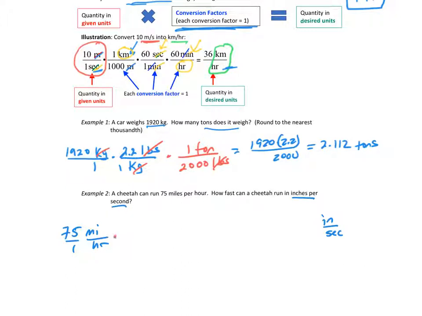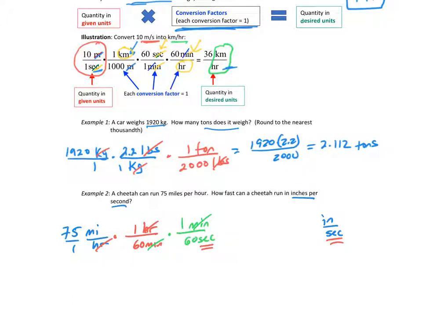So I've got 75 miles per hour. I know that in 1 hour, there are 60 minutes. That allows me to cancel out the hours. Continuing on, I can get from minutes to seconds. I know in 1 minute there are 60 seconds. I can cancel out the minutes. And now we successfully have seconds in the denominator.